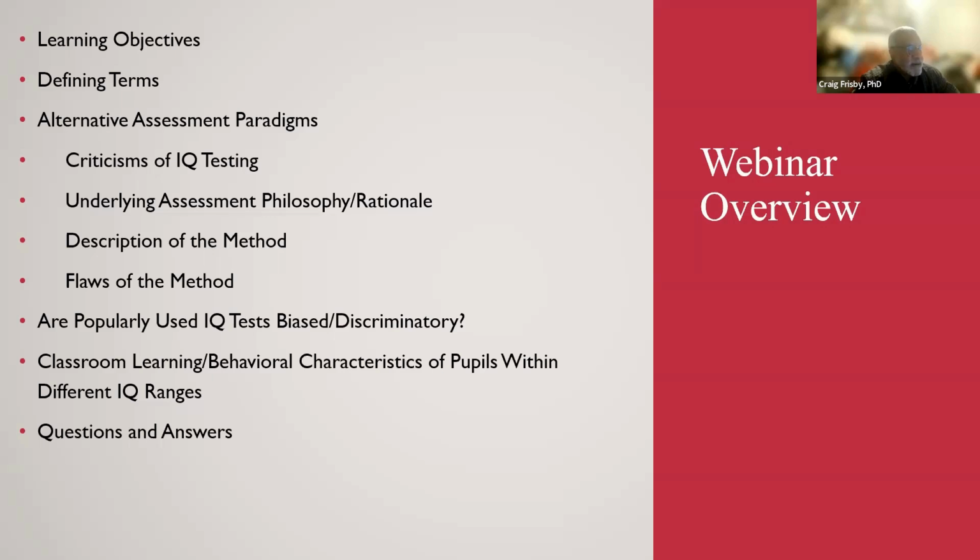And so when we make those decisions after we test kids, we have to recognize that there are real life correlates of IQ scores to how children actually function in a classroom setting and also in life. So I want to make sure that if we seem to be running out of time, we allow time for that particular topic. And then at the end, we'll make sure we have time for questions and answers.